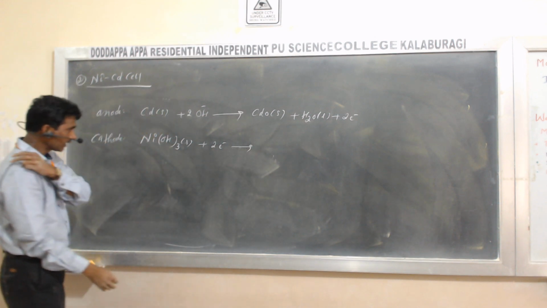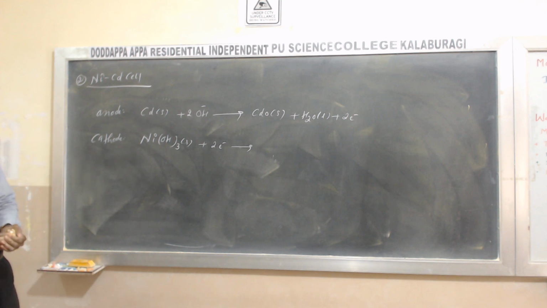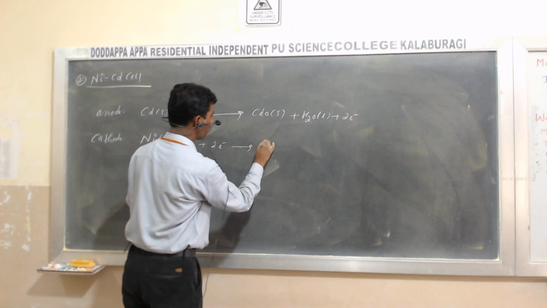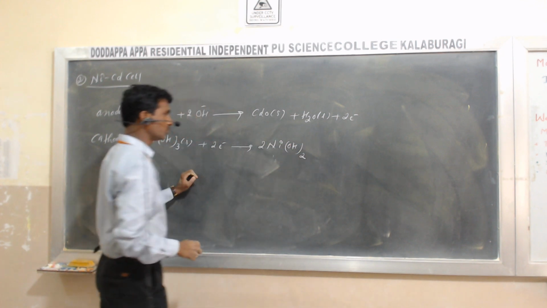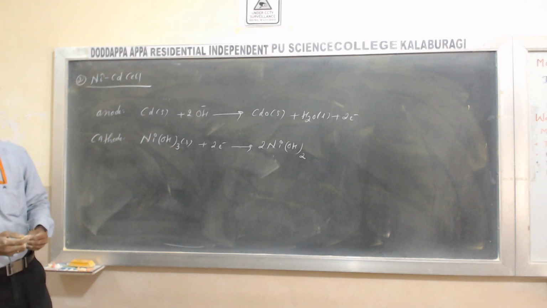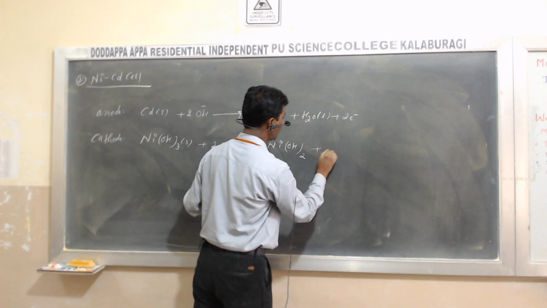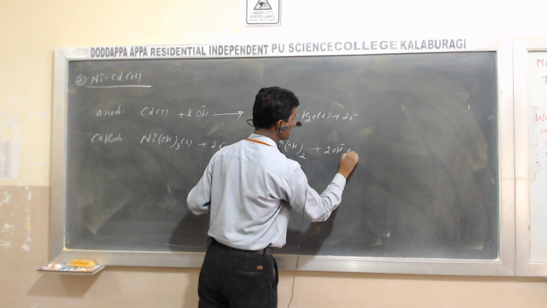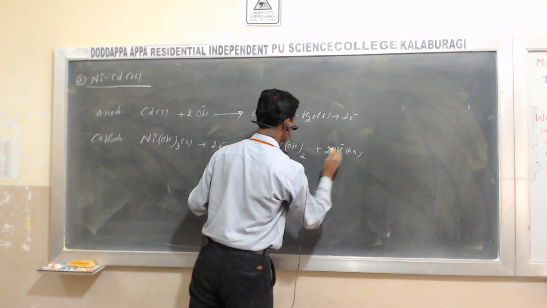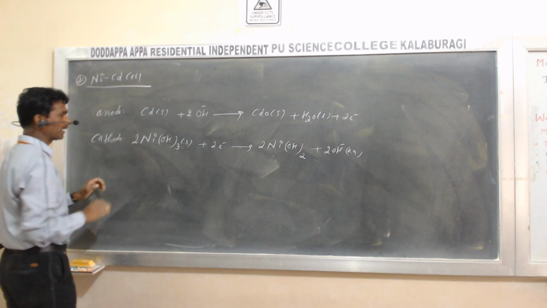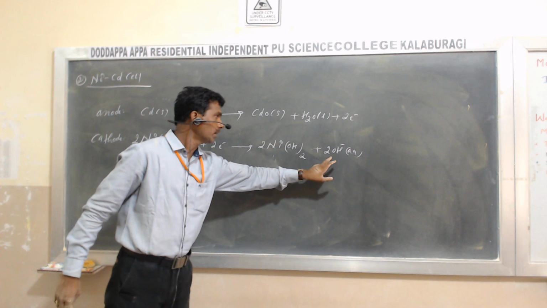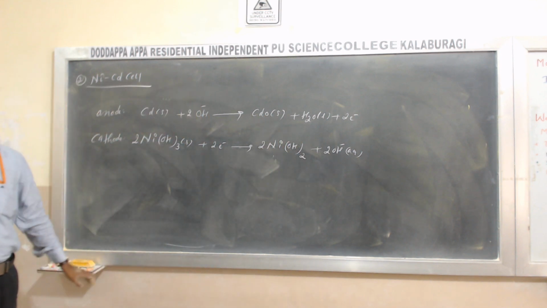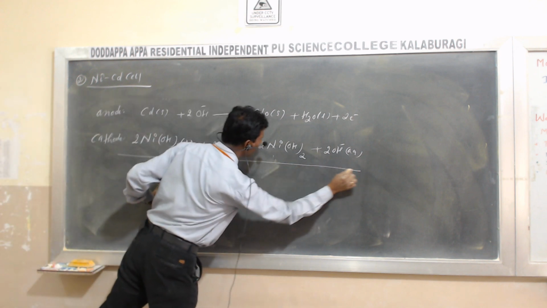So 2NiOH3 solid plus 2 electrons gives rise to 2Ni(OH)2 plus 2OH minus, which is aqueous. You have to balance it with the 2.